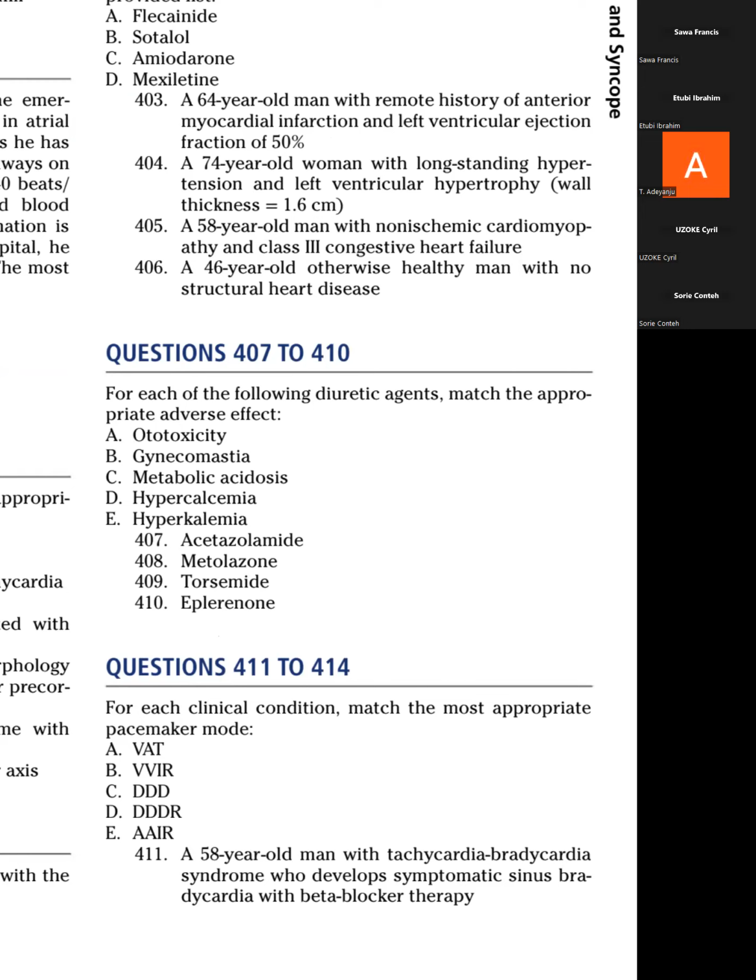There's already an atrial fibrillation, so atrial sensing or pacing will not be possible. So the focus will be more on the ventricles for the pacemaker, and it should have the ability to modulate the rates for the patient.